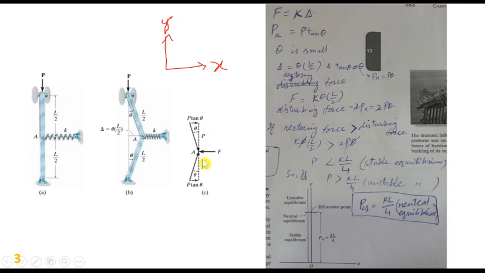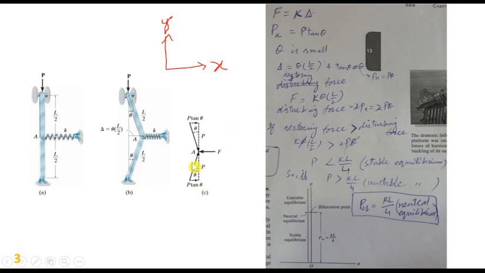So if we make a diagram like this, with this as the x-axis and this as the y-axis, then this will be along the x-axis, and this is the member, and this is the force. So this force is P tan of theta. By looking at this, you can find that if this is P, then this will be tan of theta.